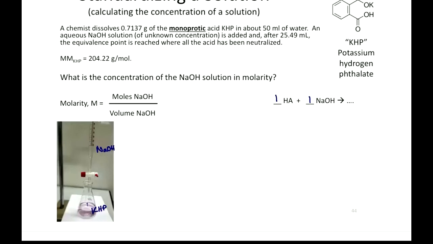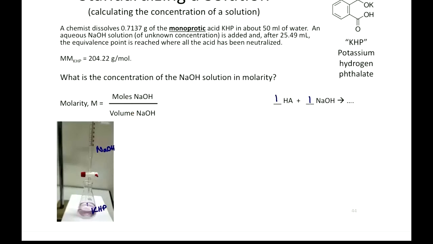So how do we do the calculation? What is the concentration of sodium hydroxide in molarity? If we want molarity of sodium hydroxide, we need to know how many moles of sodium hydroxide there are over the volume of sodium hydroxide used.